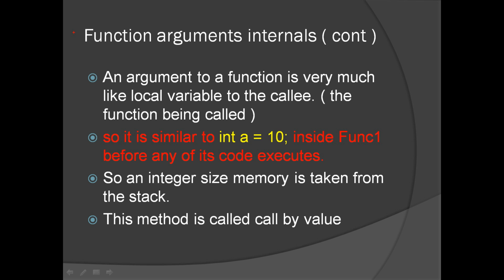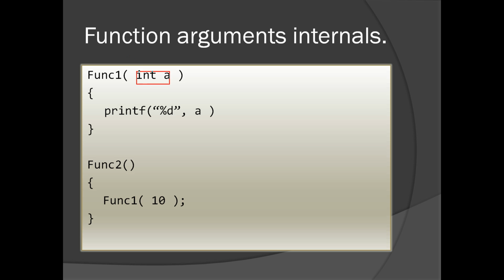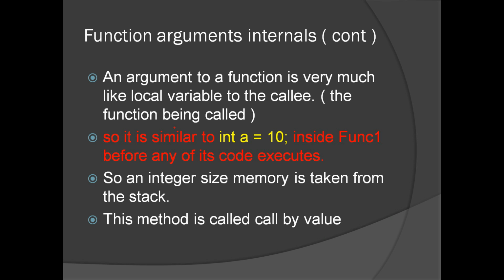An argument to a function is very much like a local variable to the callee. In this case, int a is like a local variable to this particular function. So there is a hidden statement like this in that program which we have seen. This line of code is potentially executed by the compiler before fun1 starts.